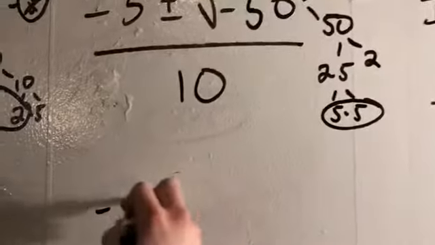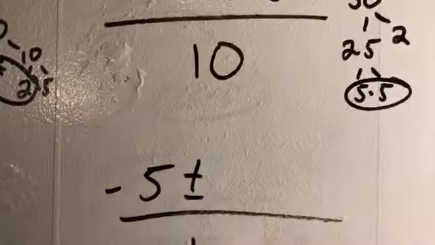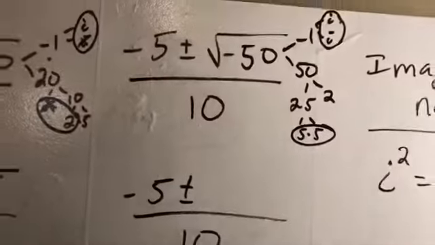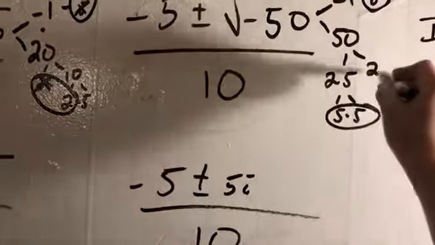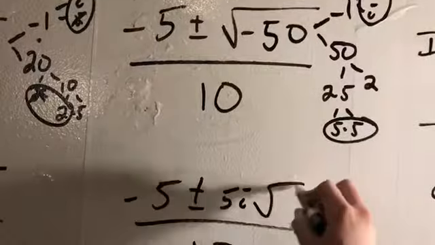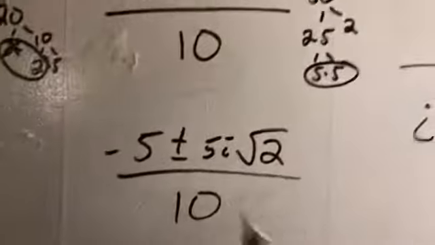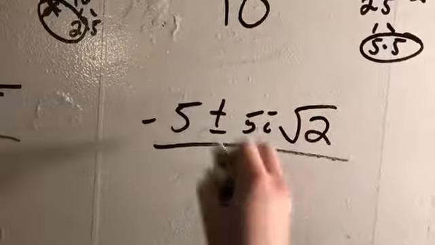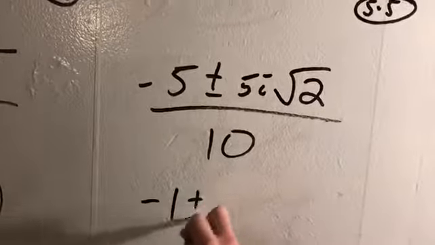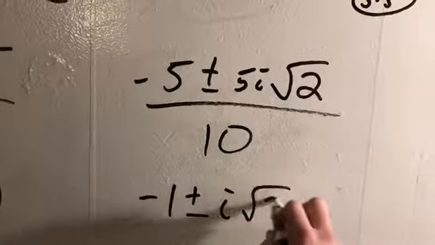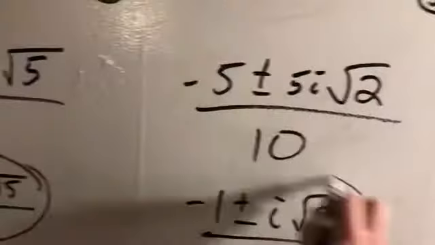It looks like this is going to end up simplifying as 5i, and it looks like that square root of 2 is left underneath. Now ask yourself, is there a common factor between the outside escaped numbers? Yes, we can divide by 5 to get our final answer.